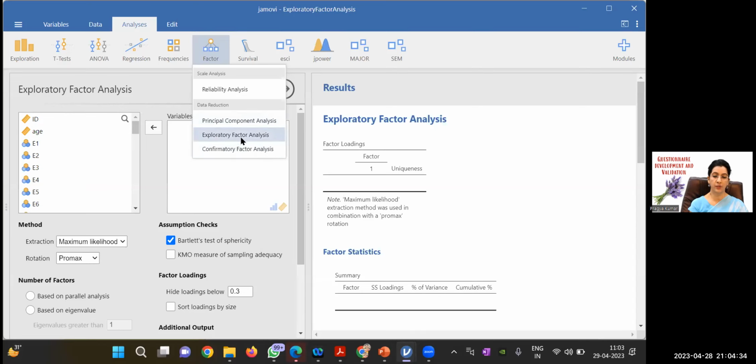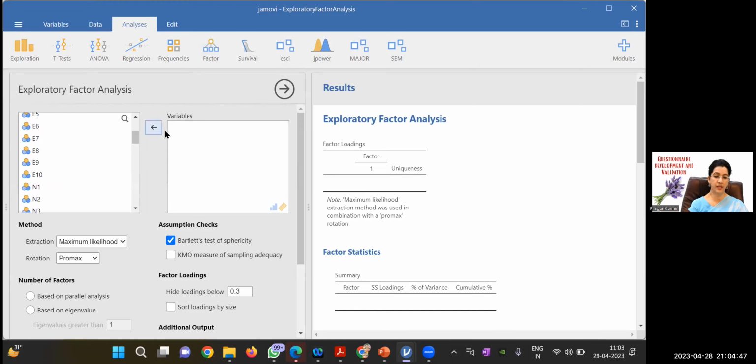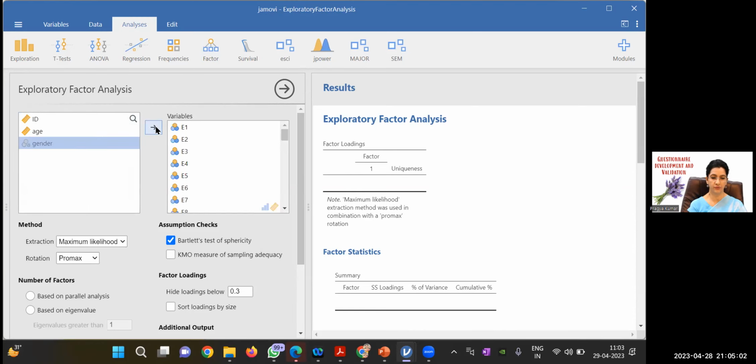First we are doing the exploratory factor analysis. I've clicked that, so this option came here. These are the items, and I have to shift those items here. So I'll take E1 and go till O10, and I have shifted them to this window.